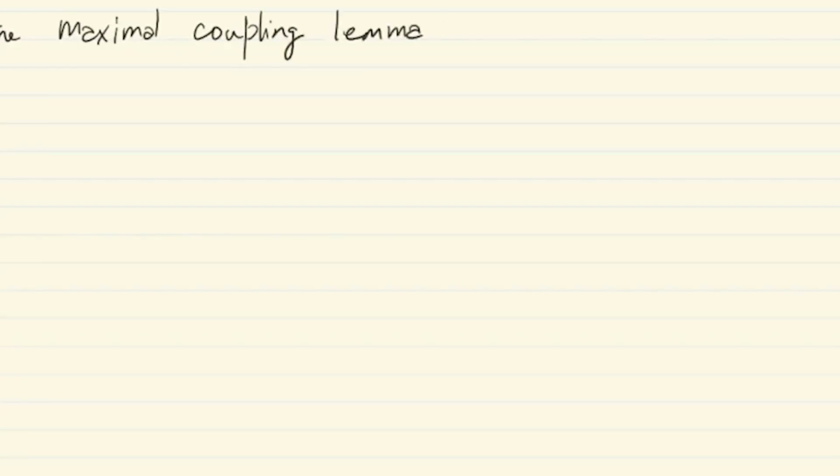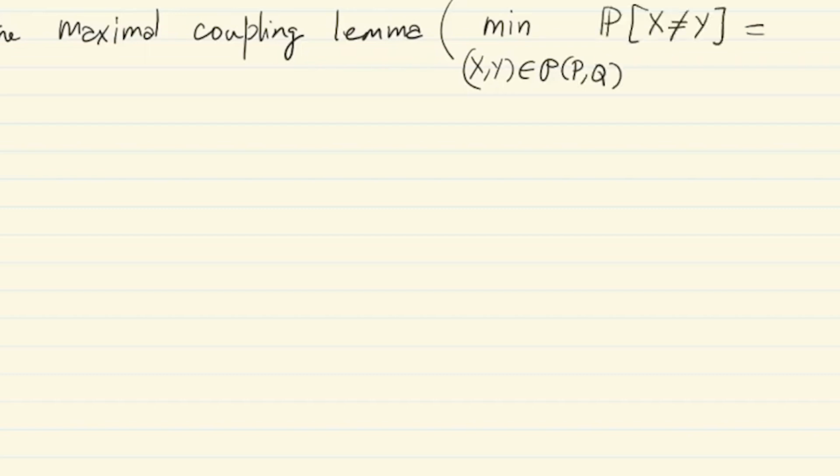Okay, recall what the maximal coupling lemma we showed was. Basically, we showed that the minimum over all couplings between P and Q of the probability of X not equal to Y is equal to the total variation distance between P and Q. So we'll use the same coupling, and just to recall what that coupling was, we drew a picture.